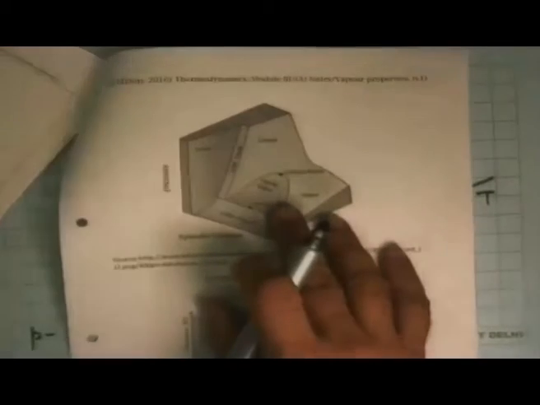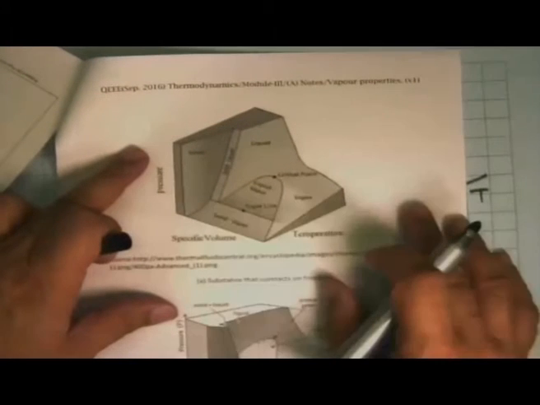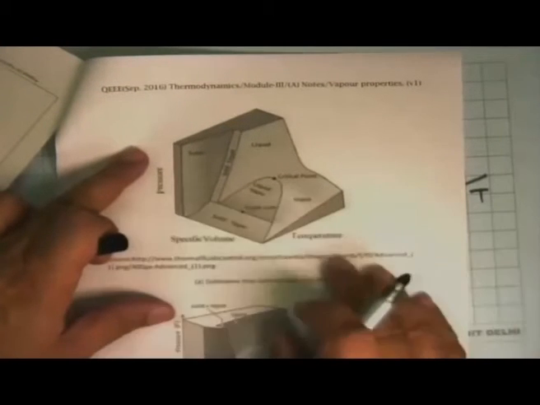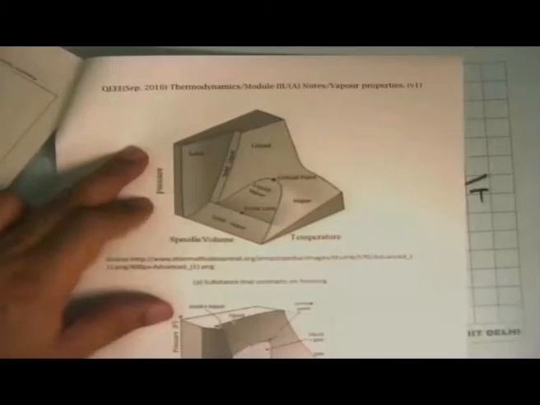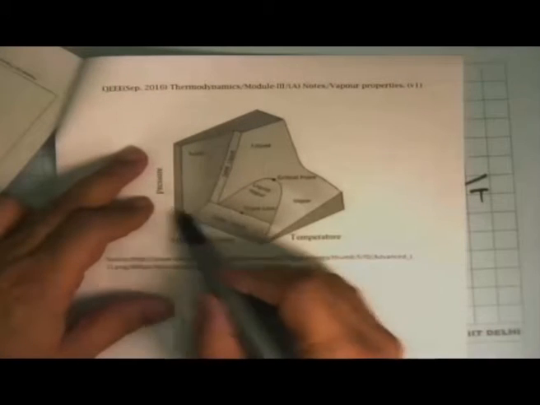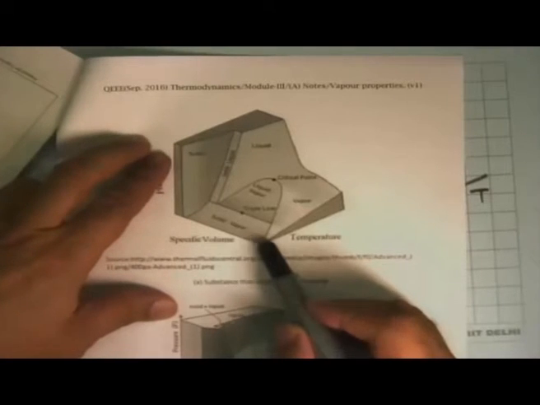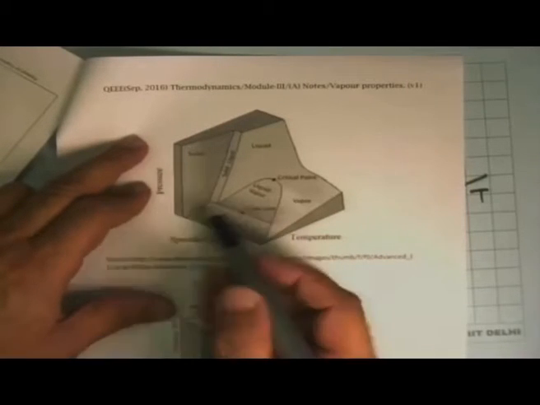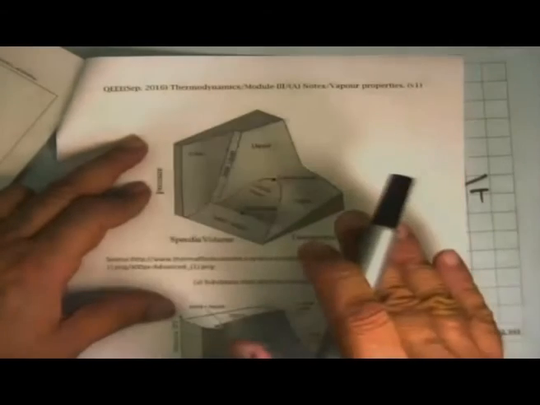And I showed the first one here. This is in the notes. This is temperature, this is specific volume, this is pressure. And what we had been drawing was T versus V. We now show it here that every horizontal slice is T versus V at that pressure.